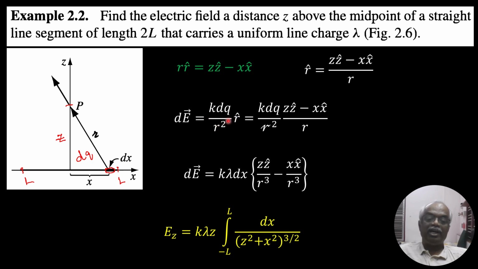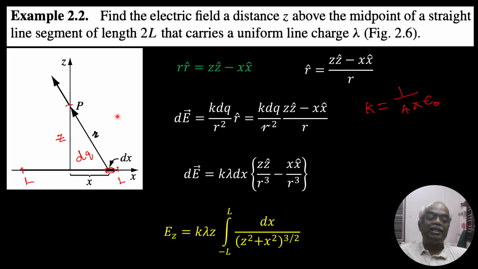Here we know very well that k is equal to 1 over 4 pi epsilon naught. So r-hat we have found here, which is equal to z z-hat minus x x-hat over r. So this can be written as r squared into r, you will get r cubed, so z z-hat over r cubed minus x x-hat over r cubed.